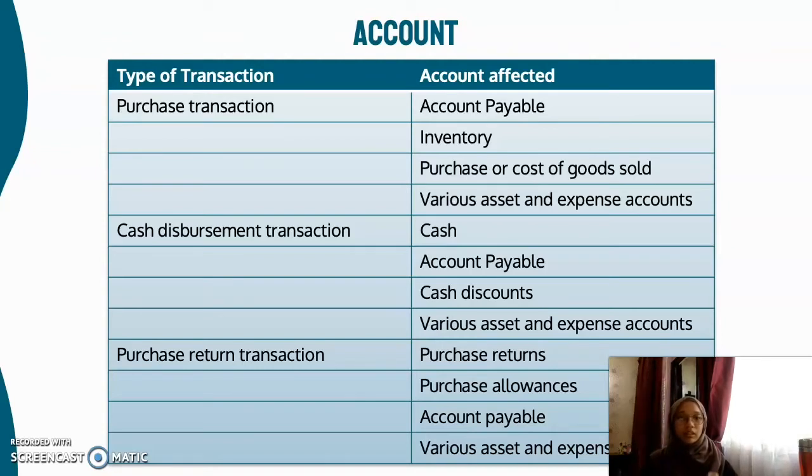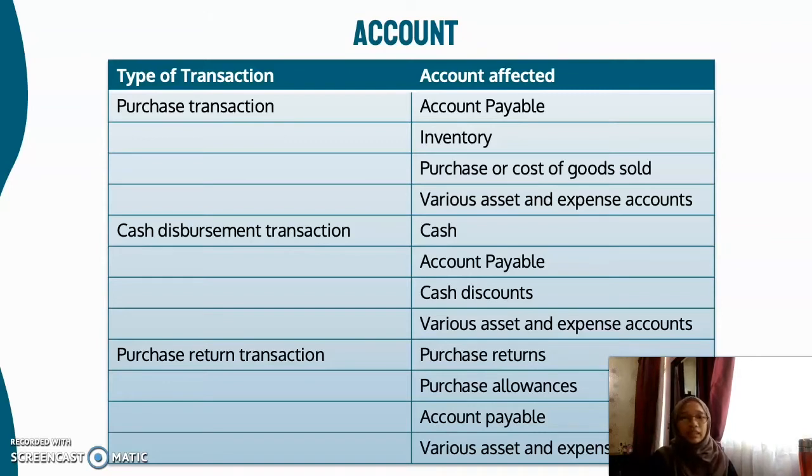You can read by yourself the accounts affected by each type of transaction. Okay, I'll read one for you. Purchase transaction and its account affected is account payable, inventory, purchase, COGS, and various asset and expense accounts.